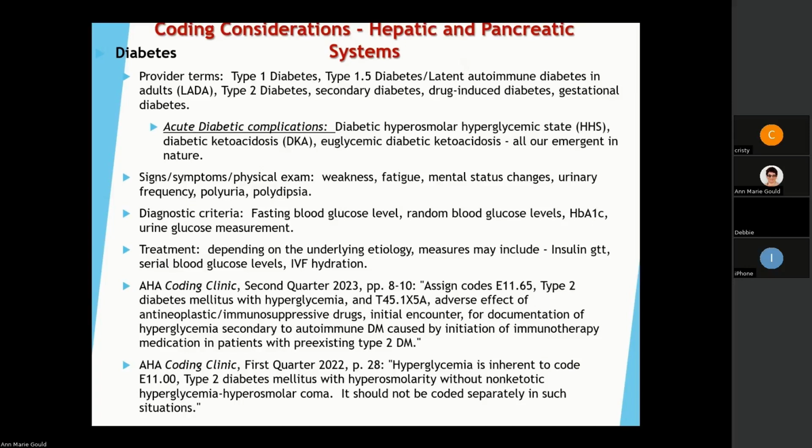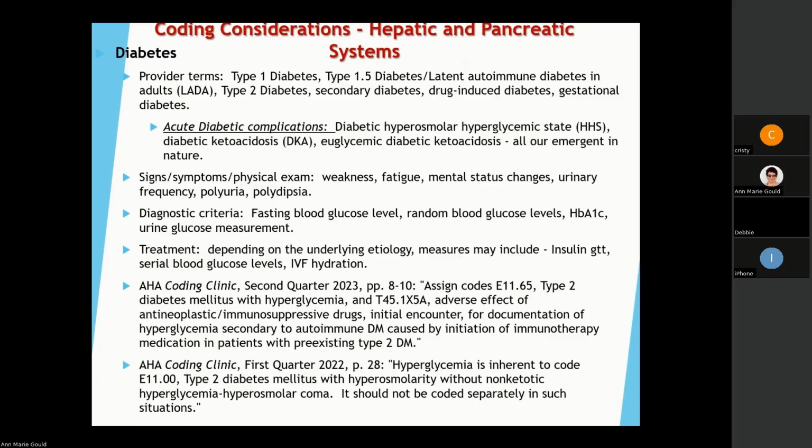Coding Clinic first quarter 2022, page 28 states hyperglycemia is inherent to code E11.00, type 2 diabetes mellitus with hyperosmolarity without nonketotic hyperglycemic-hyperosmolar coma. It should not be coded separately in such situations.